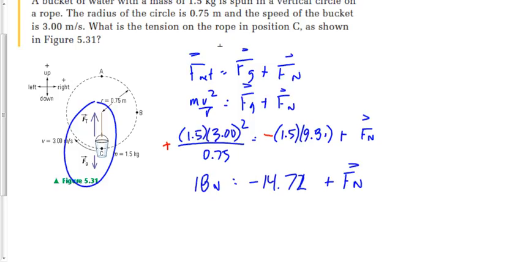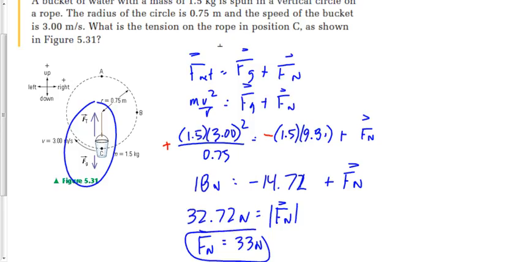Let's take this over to the other side now by adding, and I get Fn is equal to 32.72 newtons. Or I can say Fn, the normal force, the tension in the rope, is equal to, I should round it to two digits there, 33 newtons.